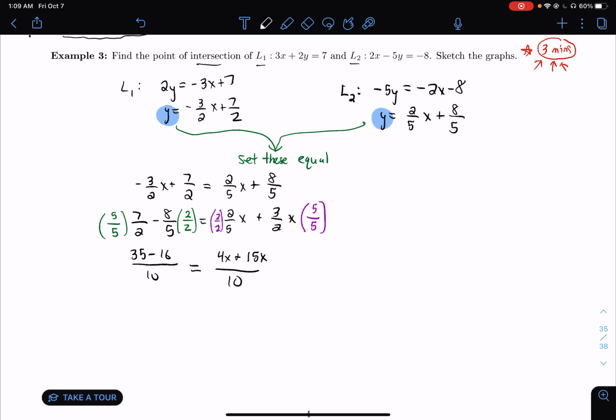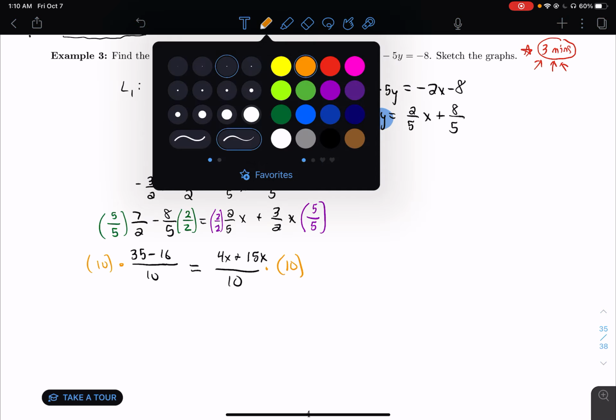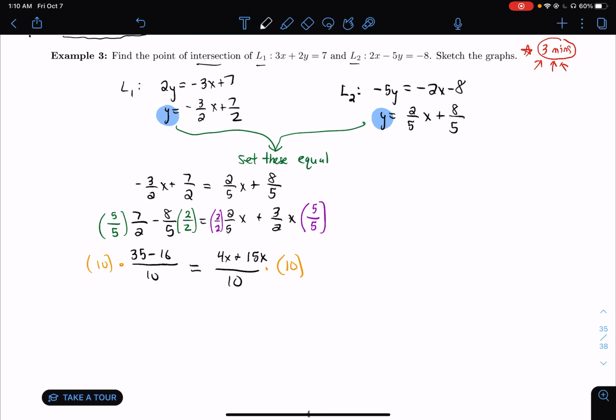So I have a fraction equals a fraction, and I can get rid of those denominators if I multiply both sides by 10. That will cancel those denominators. 35 minus 16 is 19, and 4x plus 15x is 19x. I divide by 19 and I get x equals 1.